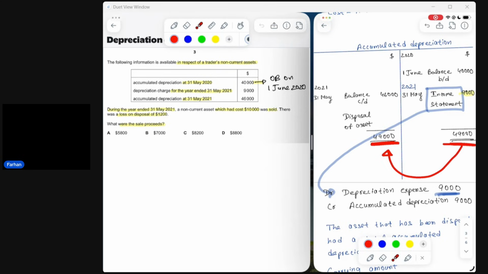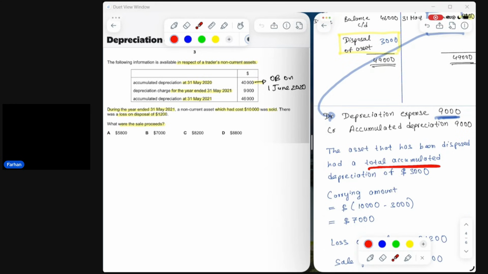Once we subtract the closing balance of $46,000 at 31 May 2021, we are left with $3,000, which has to be the balance for the asset that we had sold. That is why we included disposal of asset as the relevant cross-reference, mainly because the question clearly mentions that an asset had been sold. So the asset that had been disposed had a total or accumulated depreciation of $3,000.